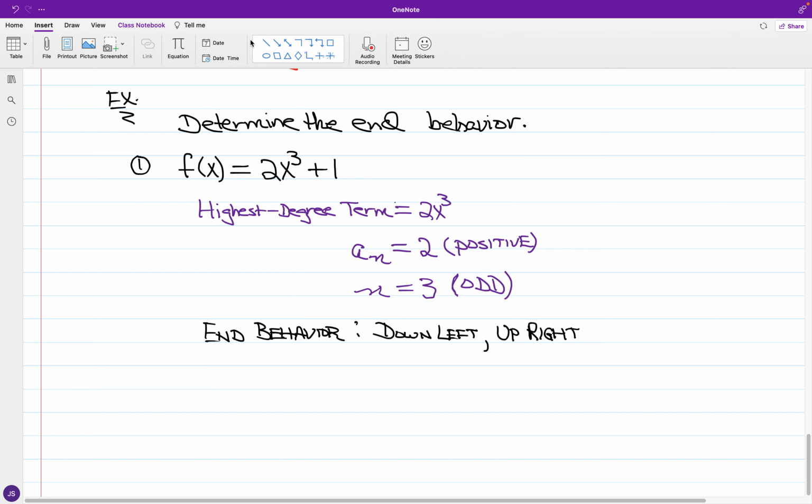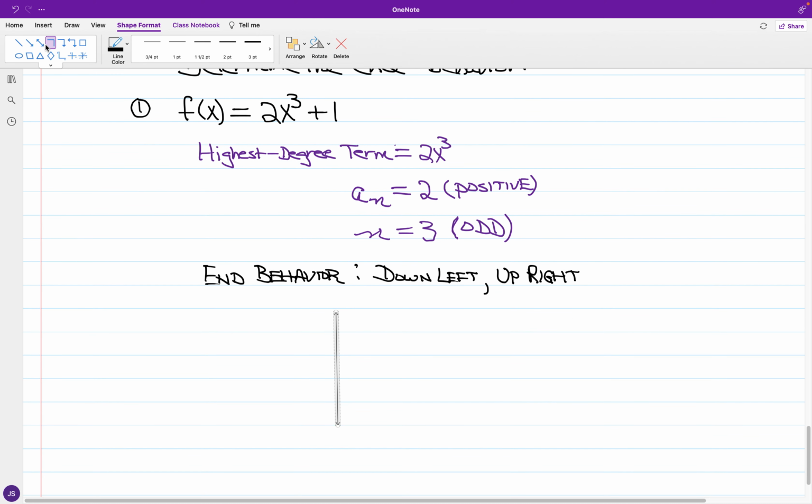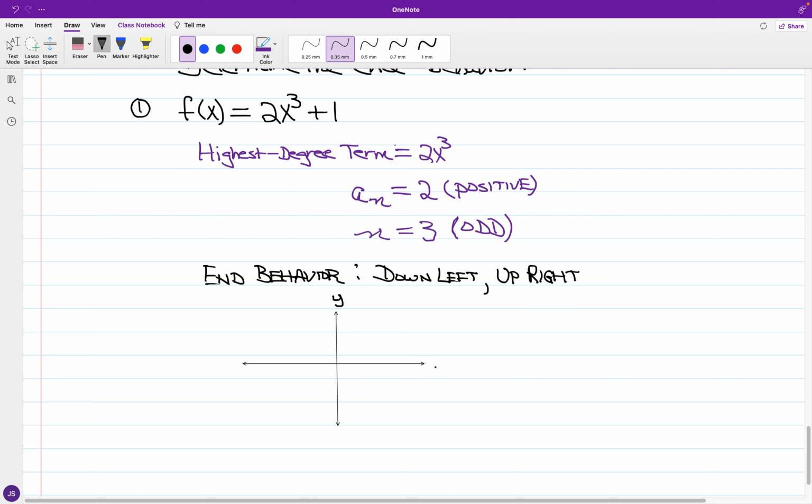And just doing a quick sketch of what we have for this function f of x. So you have down to the left and up to the right.